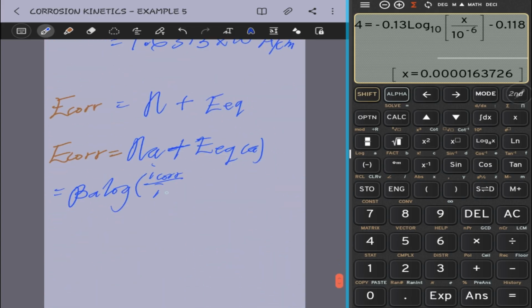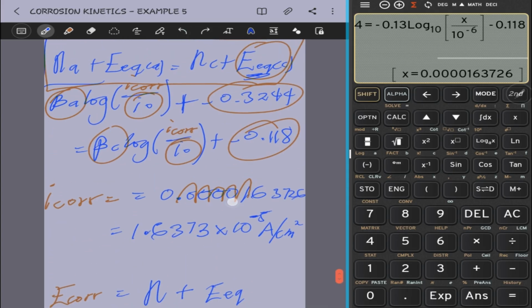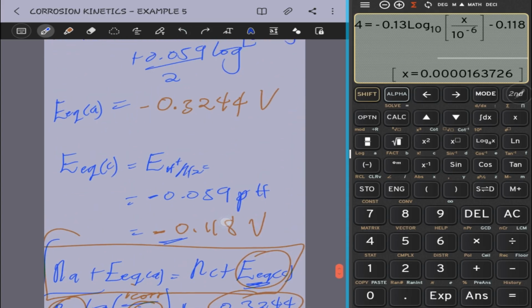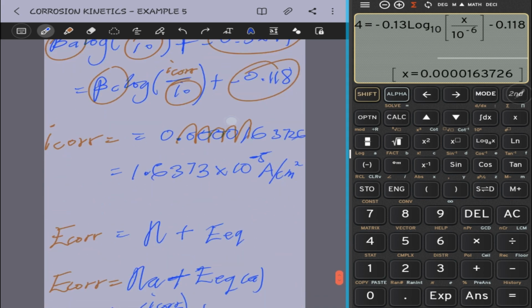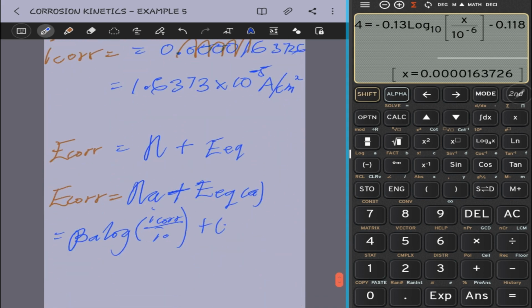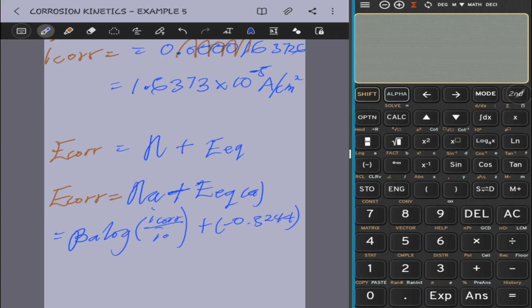And then we have the exchange current density, and the equilibrium for the anodic, which is minus 0.3244.